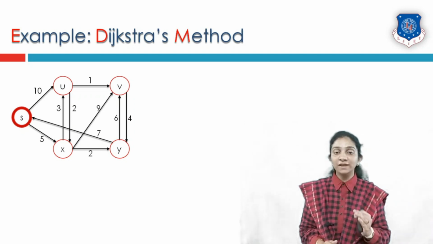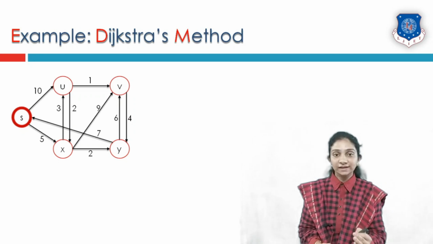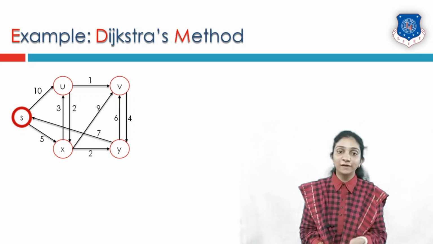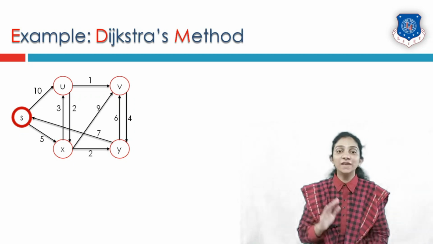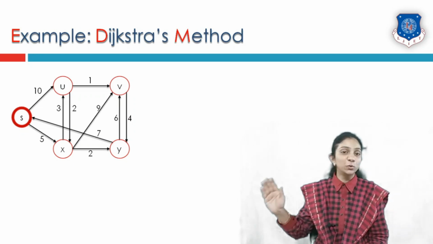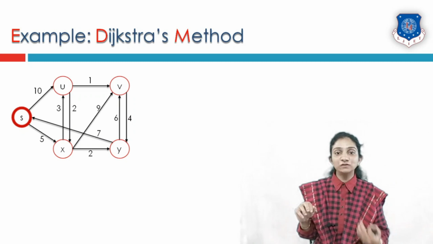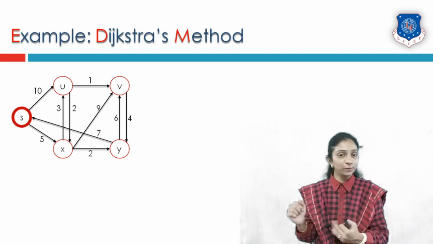Moving from S to vertex X, the cost or weight is 5. But there is no directed edge from X to S, so we cannot move from X to S directly. We have to take some intermediate vertices to move from X to S.